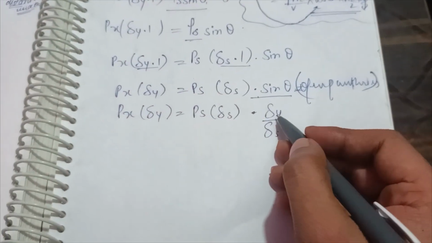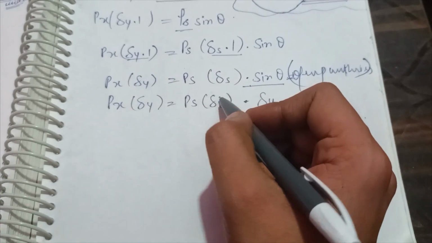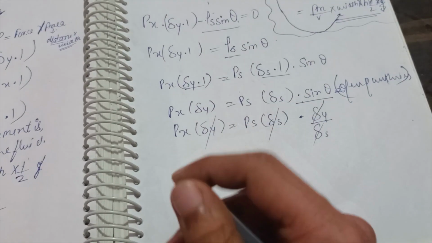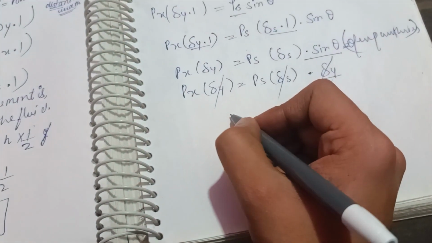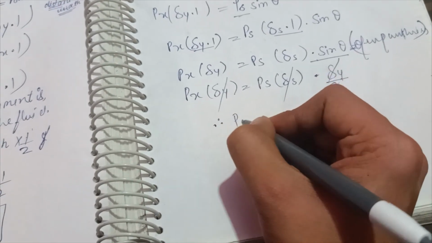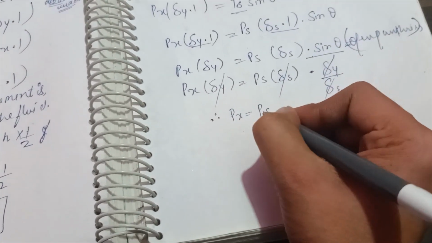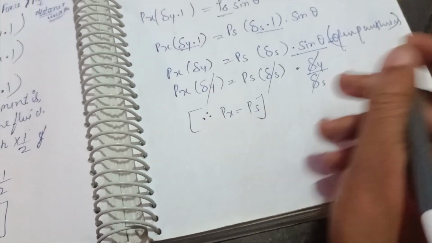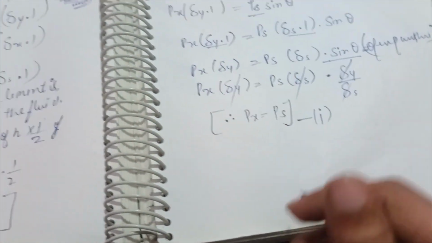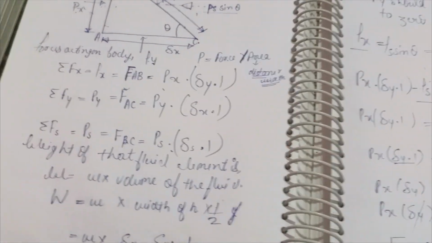Let's cancel: delta s cancels with delta s and delta y cancels with delta y. So we get Px equals Ps. This is our first result for proving Pascal's law.